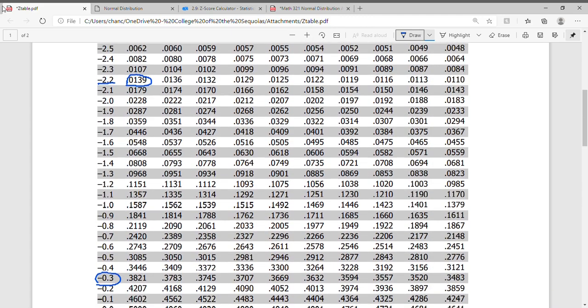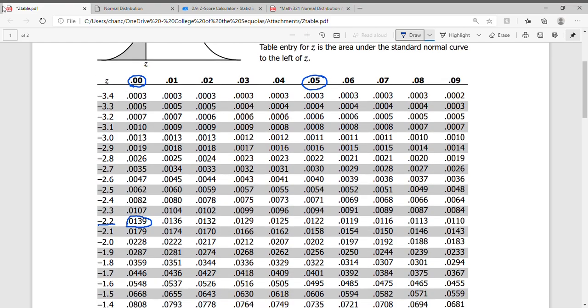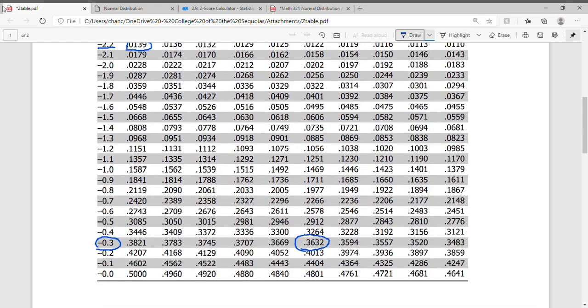So we'll go down and intersect the row and the column. I get here our solution is 0.3632. So again, we use 0.05 for the column, for the row, negative 0.3. Our solution is 0.3632.